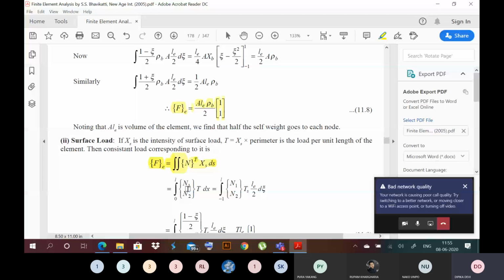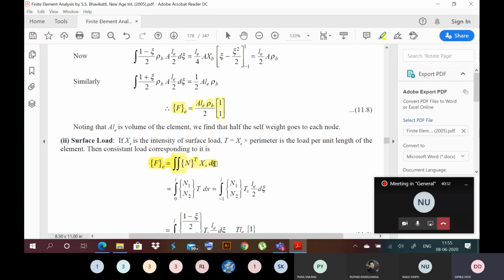But in the problem, you have been given surface traction per unit length. So ds is equal to dl into dp, a small amount of area, where p stands for perimeter and l for length. Then we integrate xs into dp over the perimeter.